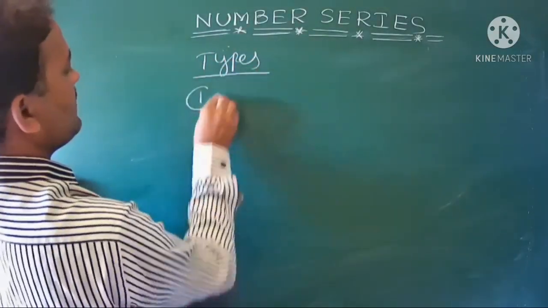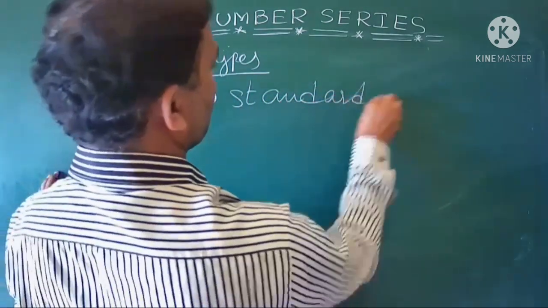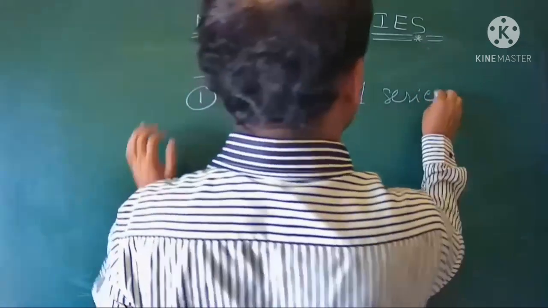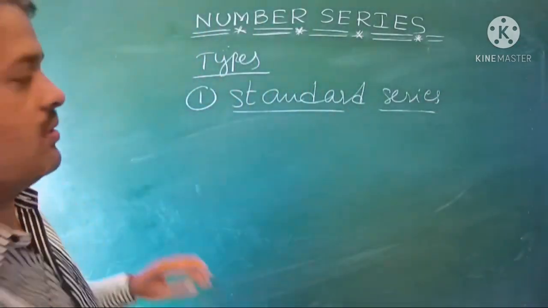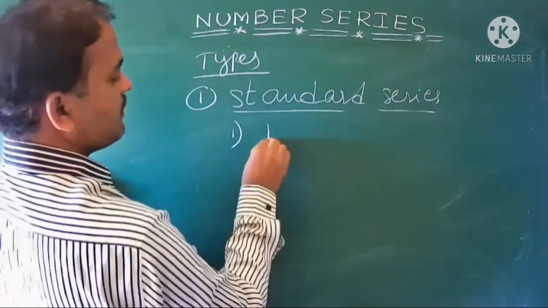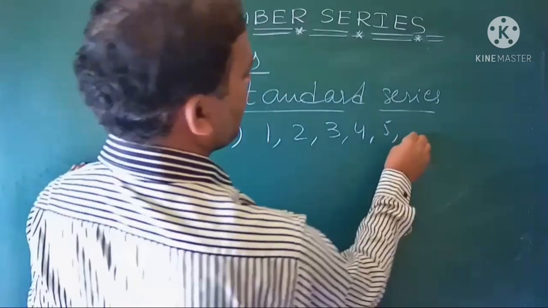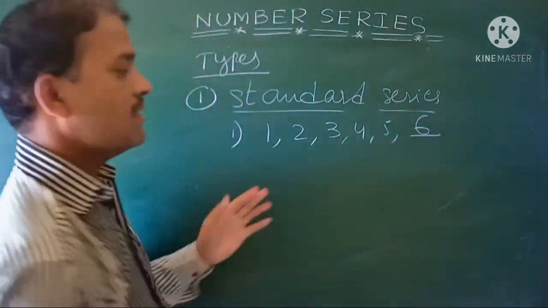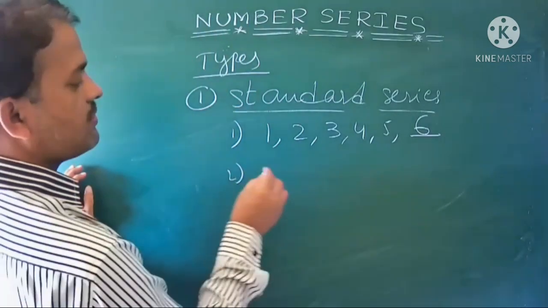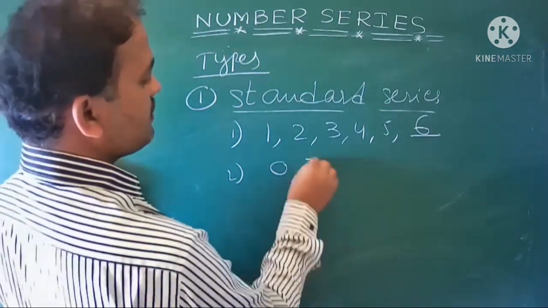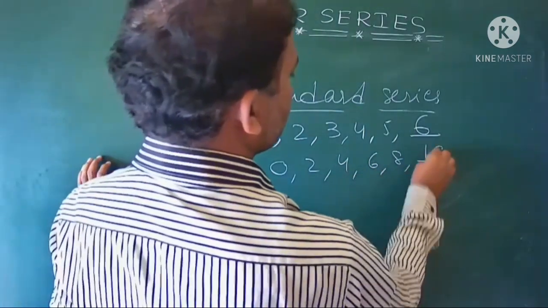First one is standard series. What is the standard series? For example, the set of natural numbers 1, 2, 3, 4, 5, dash, the next number is 6. Similarly, the set of even numbers 0, 2, 4, 6, 8, dash, the next number is 10.